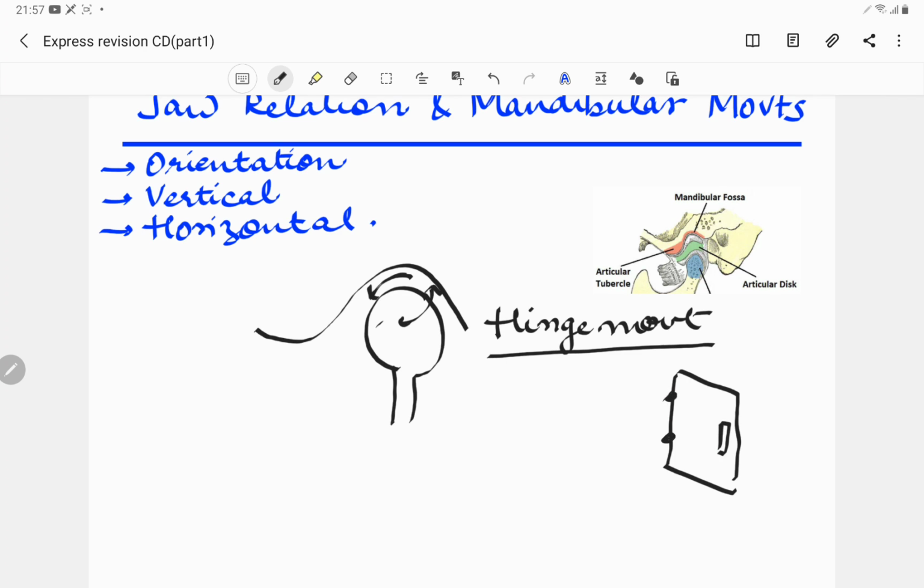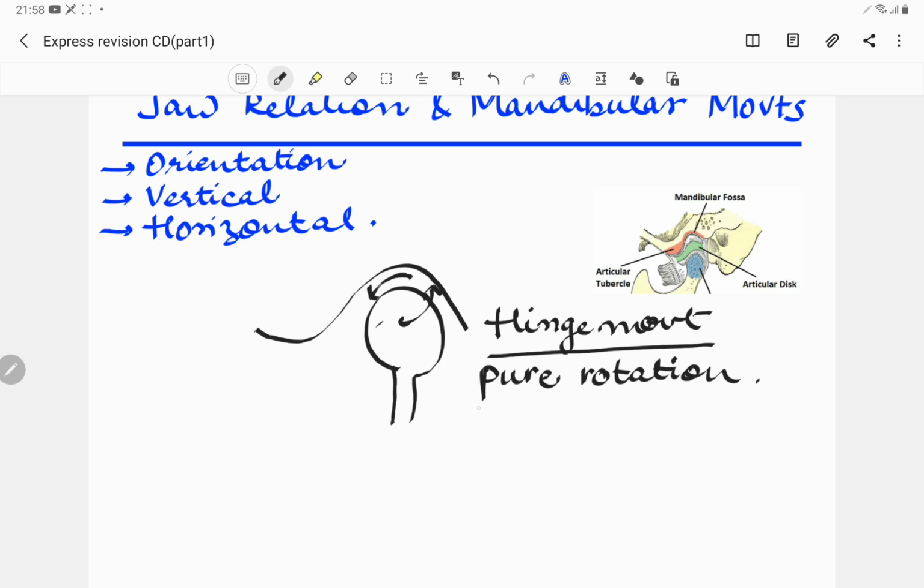The door is fixed, attached from here. It will just move to and fro, open and close, like that. There is no other movement happening. It moves in a fixed plane, so that is the rotatory movement. The pure rotation we are talking about is the hinge movement.